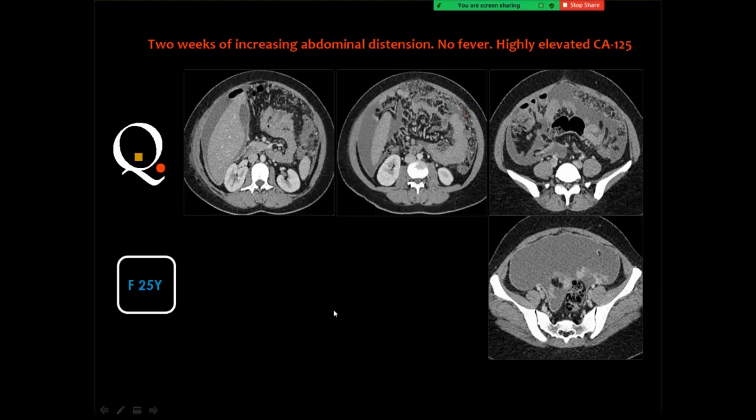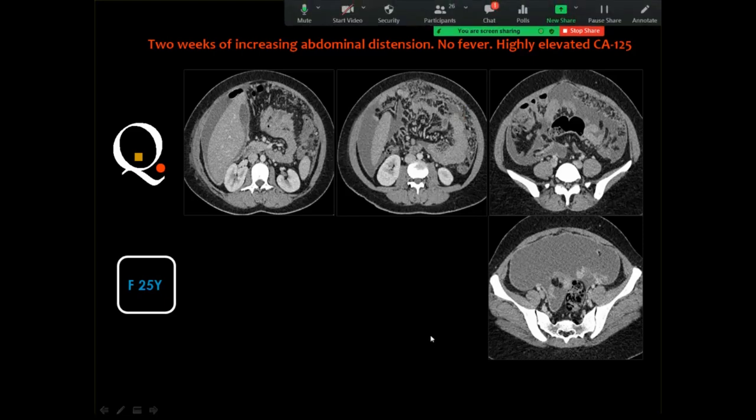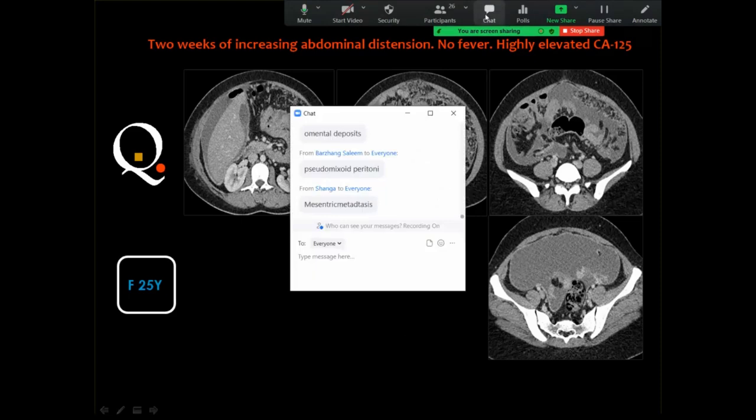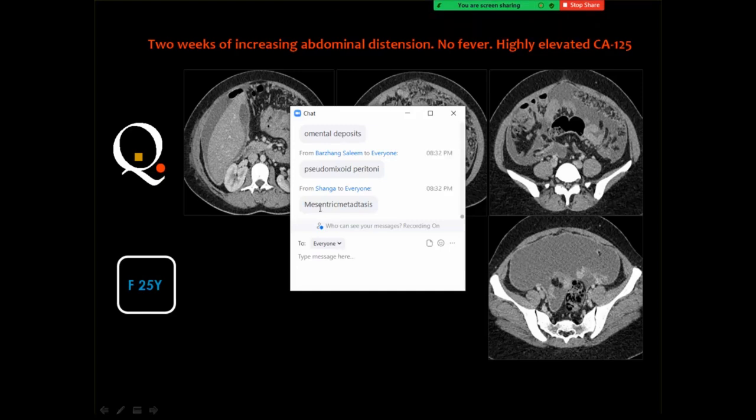But there should be some differential diagnoses: mesenteric metastasis, pseudomyxoma peritonei. No, this is not a pseudomyxoma peritonei because of the absence of the scalloping of the edges of the liver.